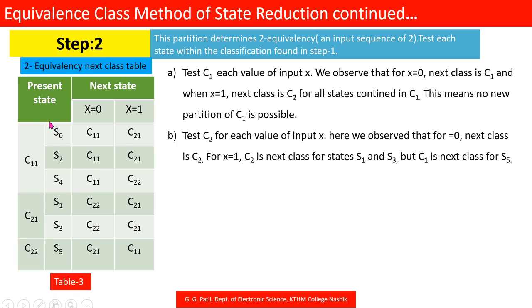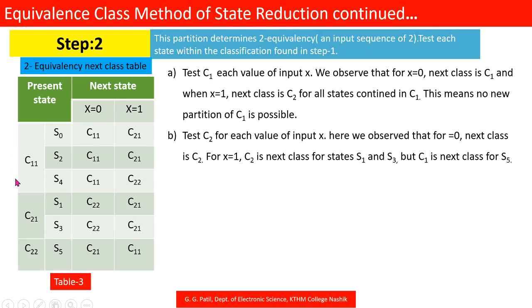They are now named C11, C21 and C22. Since all states have the same next class, they cannot be partitioned further, so they are written like this: C11 C11 C11, C21 C21 C21.